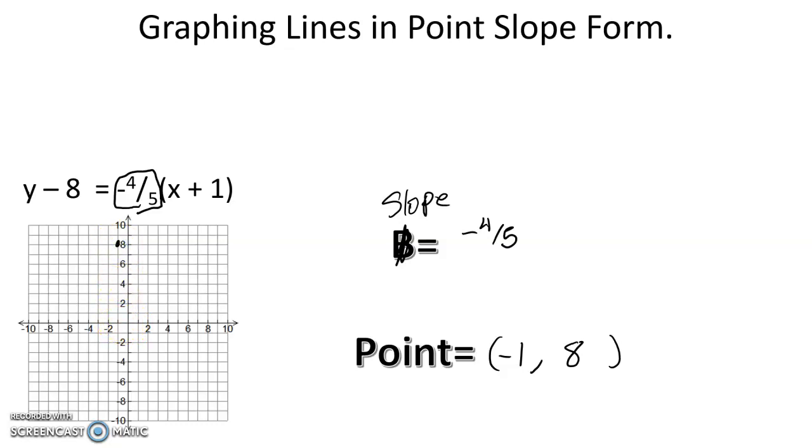Then use that slope, -4/5, so it's a negative slope. I go down 4, 1, 2, 3, 4, over 5, 1, 2, 3, 4, 5. I can even do that one more time, down 1, 2, 3, 4, over 1, 2, 3, 4, 5. That's my line right there.